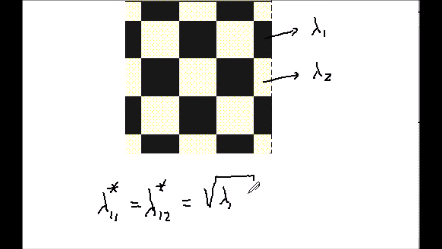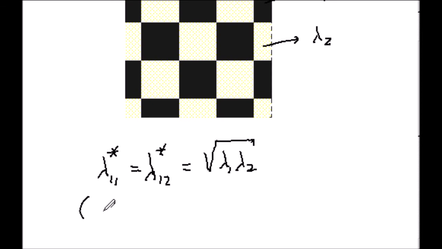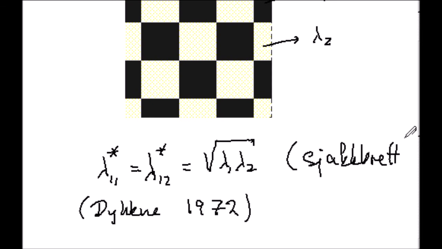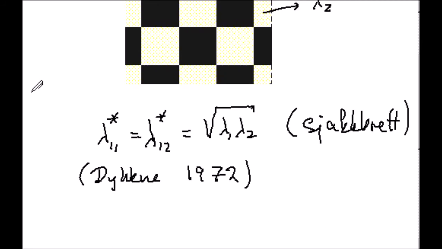And the off-diagonal elements in the effective conductivity matrix are just 0. This formula was proven by the Russian mathematician Dykhne in 1972. Let's just repeat that the off-diagonal elements of the effective conductivity matrix are equal to 0.